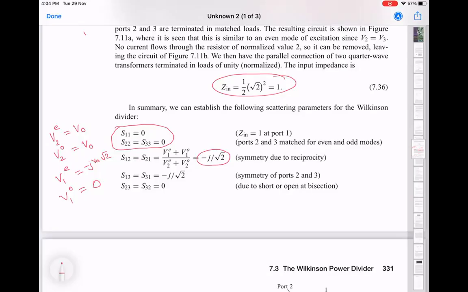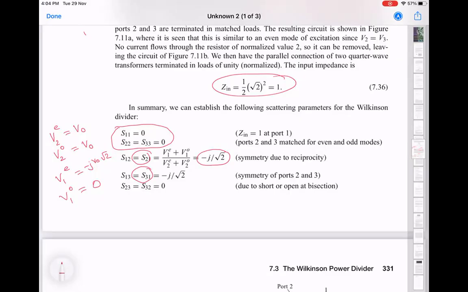The same calculation works for S13 because 2 and 3 are basically the same, depending on whether it's above the plane of bisection or not. And this part here is basically where we are using the symmetry, that it is a linear circuit. So these S matrices must be symmetric.